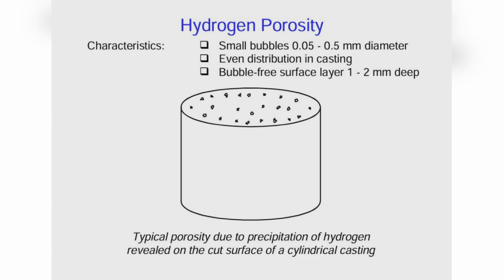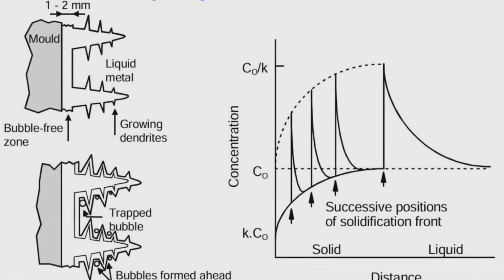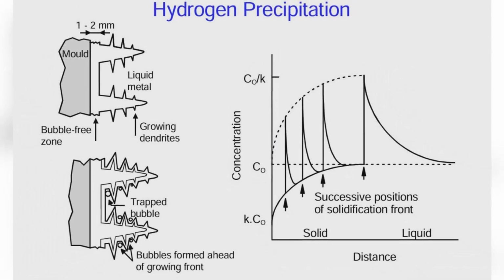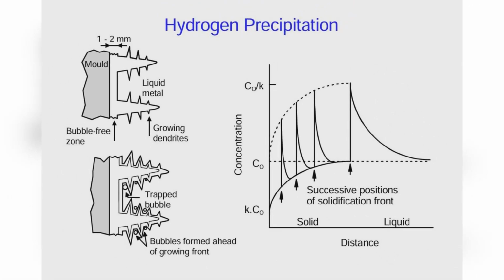This figure shows a schematic view of a section through a solidifying casting with the mold on the left-hand side. A solidified layer about 1 to 2 mm thick, which is free from gas bubbles, and then the dendritic growth front. As further growth of the dendritic front occurs, we find that small hydrogen gas bubbles are precipitated and become trapped in the dendrite forest.